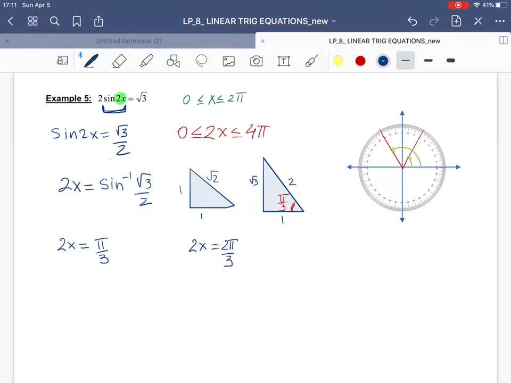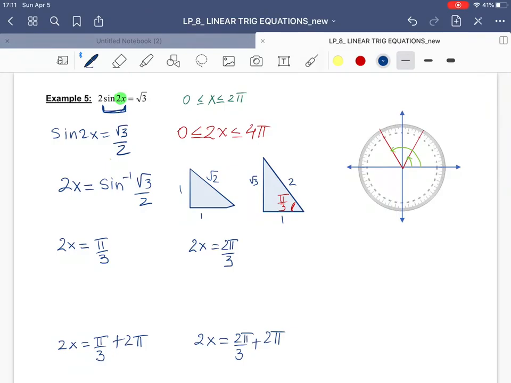Now the other angles are simply found by adding 2 pi to each angle that we just found. So we're going to say that 2x equals pi over 3 plus 2 pi, and 2x equals 2 pi over 3 plus 2 pi.